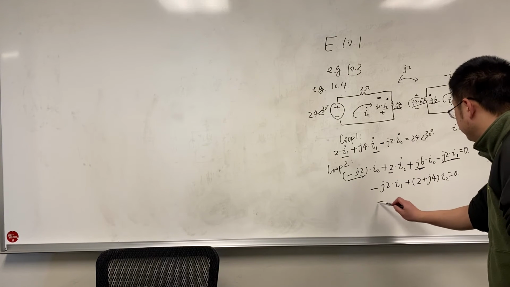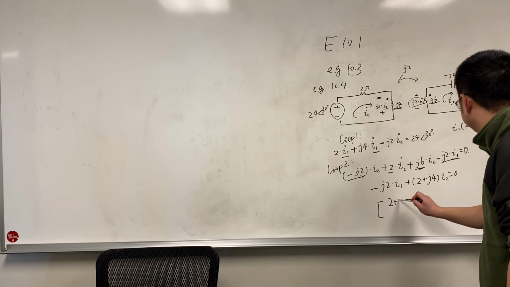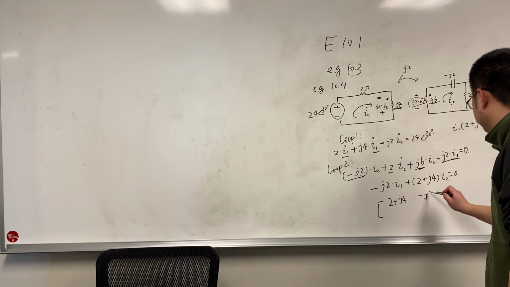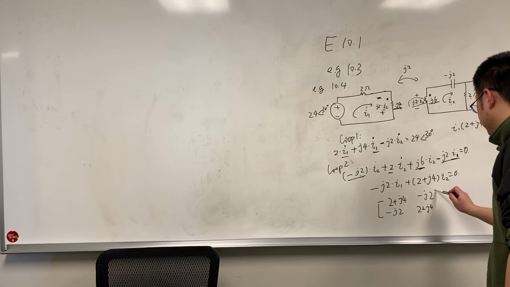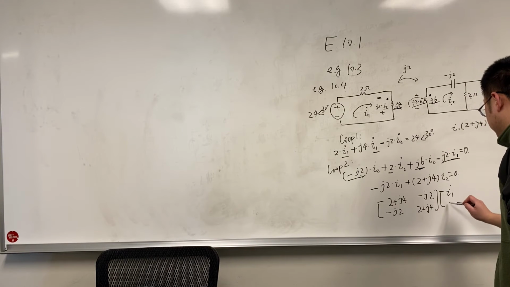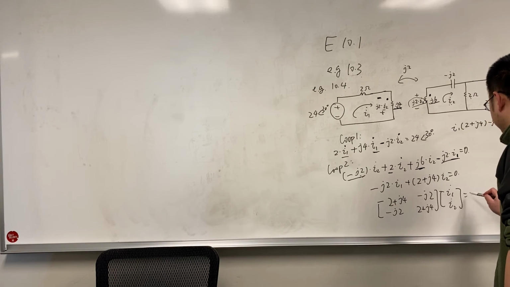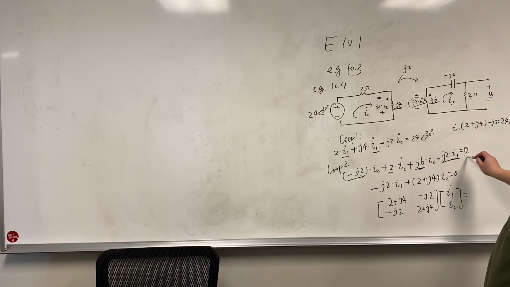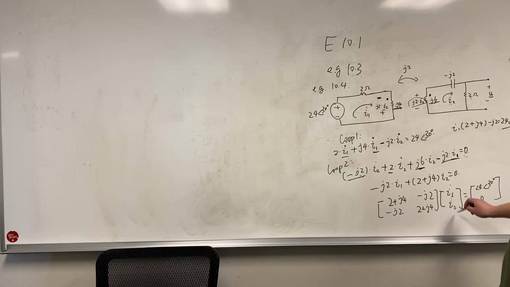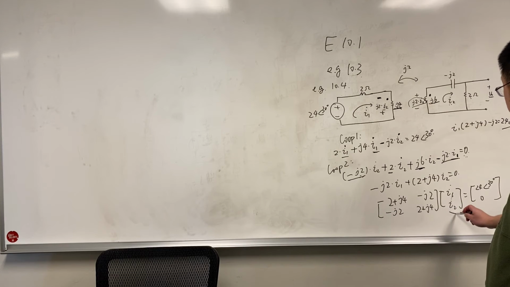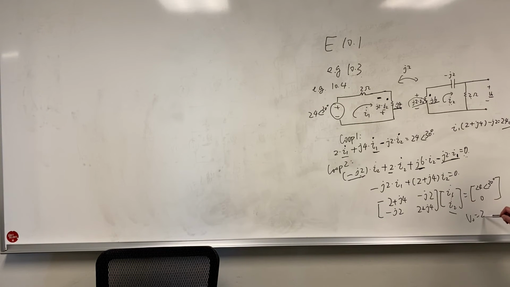So we can write it in the matrix form. So use MATLAB, solve for I1 and I2. And once you get I2, VO equals 2 times I2. So that's this question.